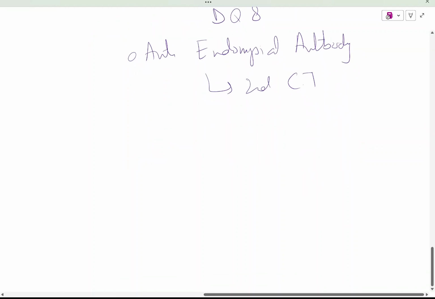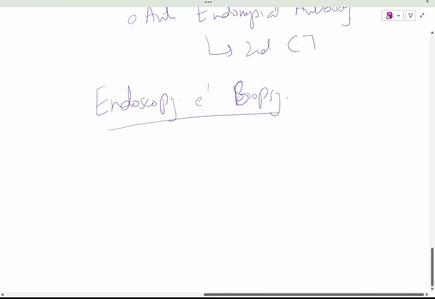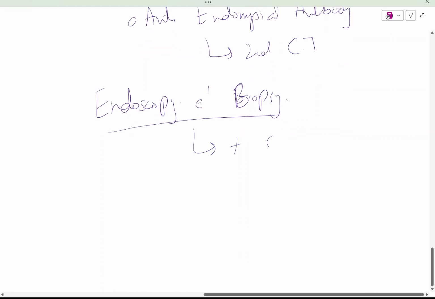So we already discussed that we are going to perform the serology as well as EGD, esophagogastroduodenoscopy with biopsy, duodenal biopsy. So we perform endoscopy with biopsy. This is a confirmation test. All the positive serology patients, we are going to perform endoscopy with biopsy.